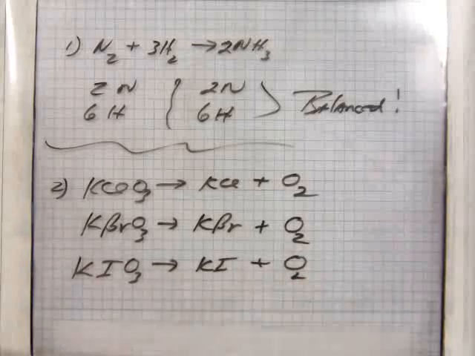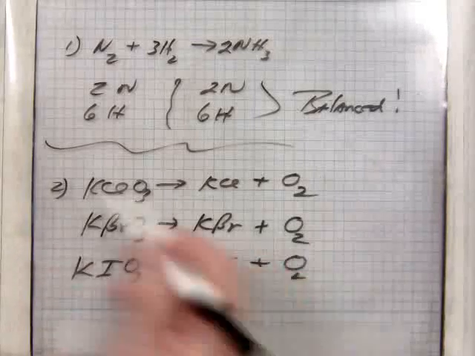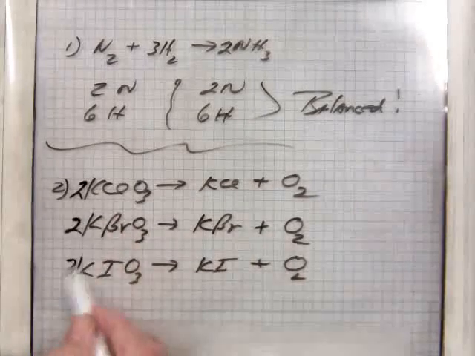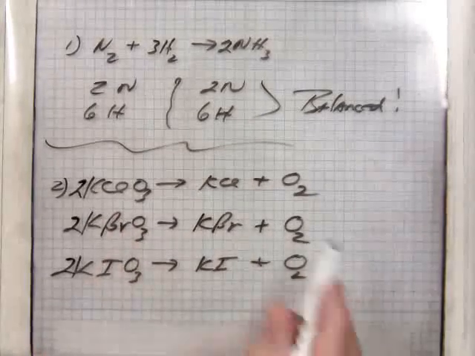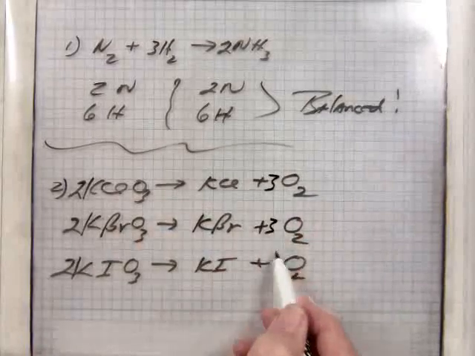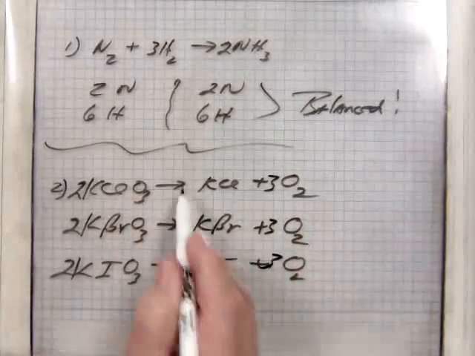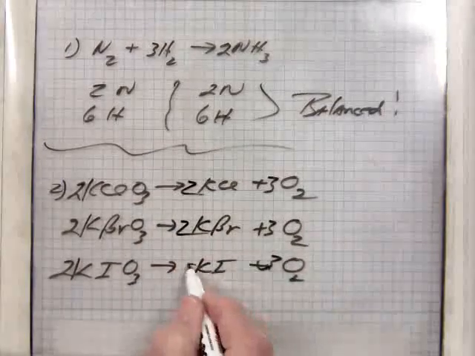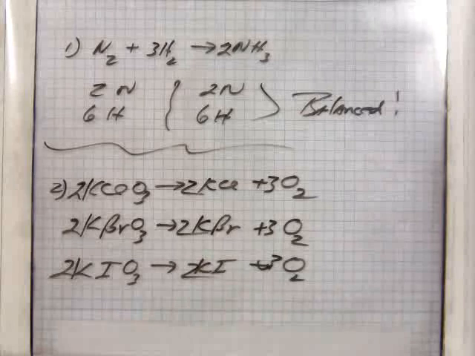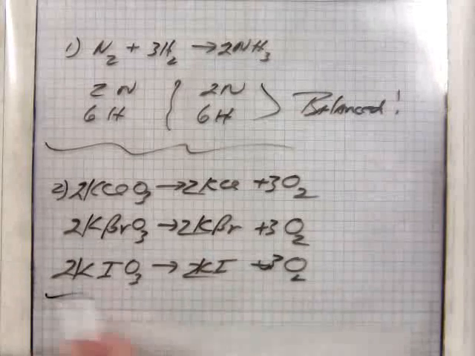In that context, we would need a 2 in front of each one of these. And 2, like that. So those are just some things that pop up on these inspection-type problems.